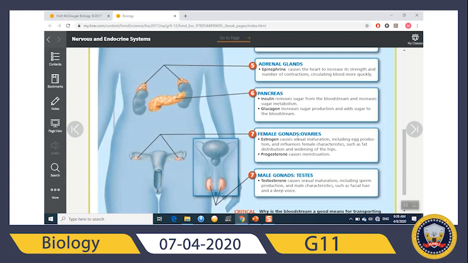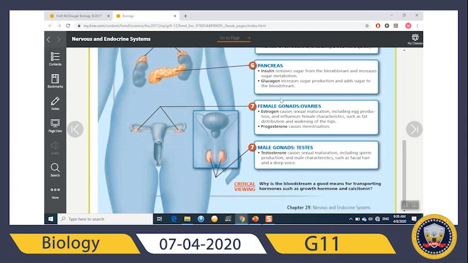Now, the gonads: in the female, the ovaries, and in the male, the testes. Ovaries produce estrogen and progesterone. Estrogen causes sexual maturation, including egg production, and influences female characteristics, such as fat distribution and widening of the hips.